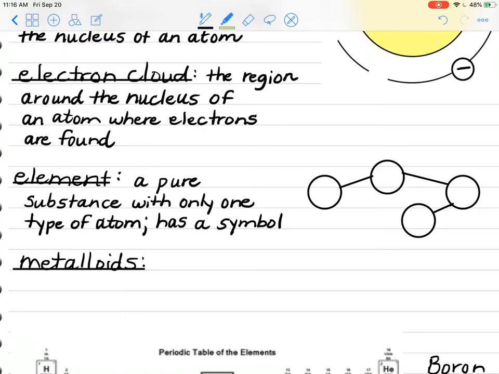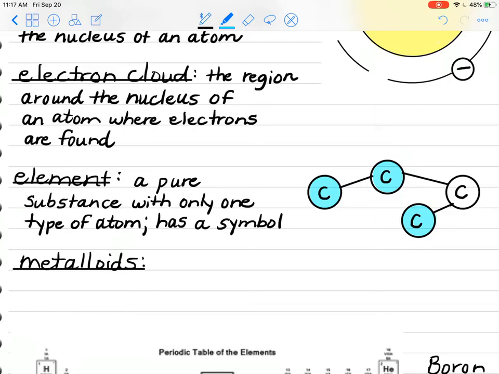So what I want you to notice is this, that if I have an element, one atom of carbon, and here's another atom of carbon, and another atom of carbon, and another atom of carbon, that is an element. Okay? Here it is a pure substance.